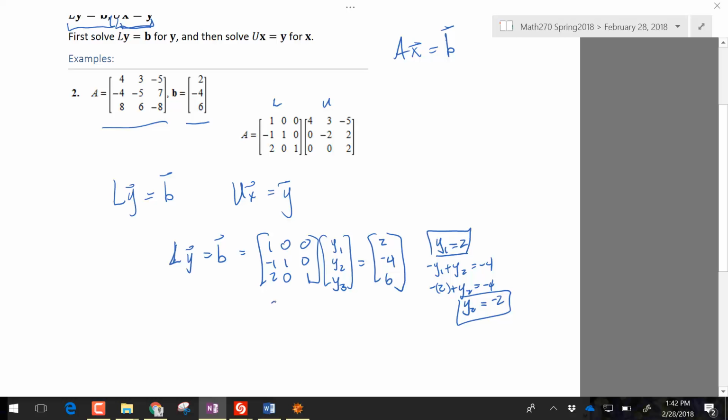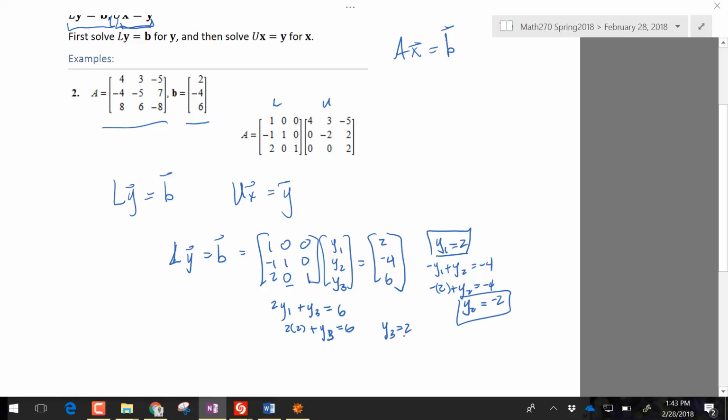So 2Y1 plus 0Y2 plus Y3 is equal to 6. We have Y1 and Y2, so 2 times Y1 is 4, and 6 minus 4 is 2.